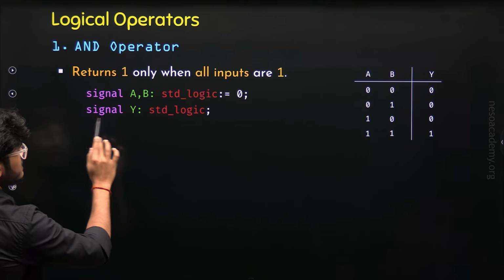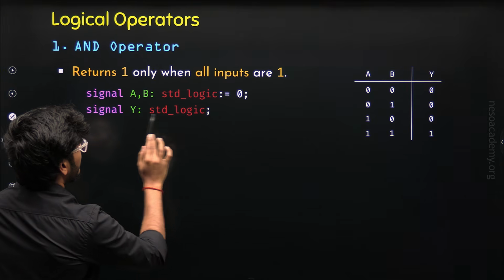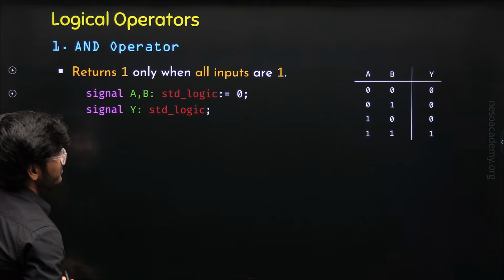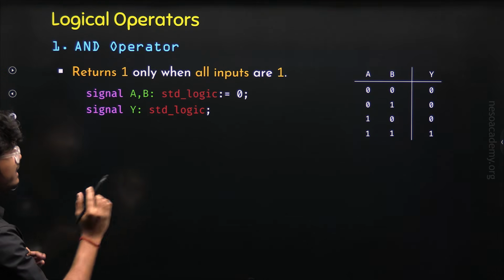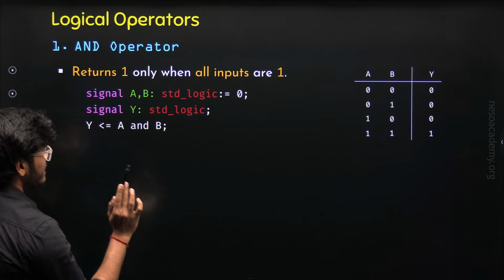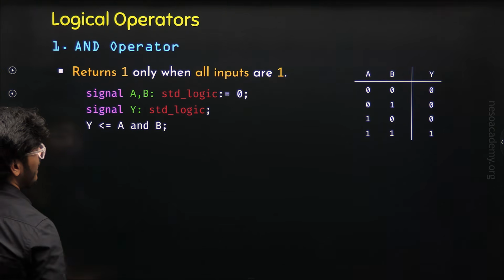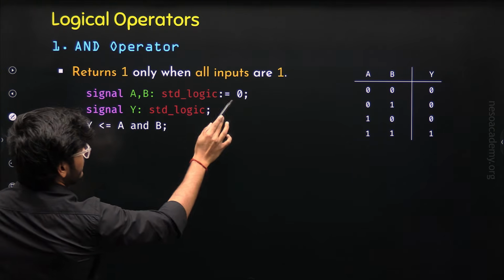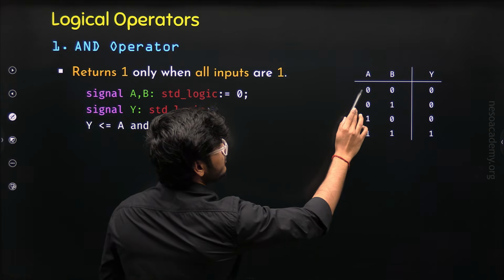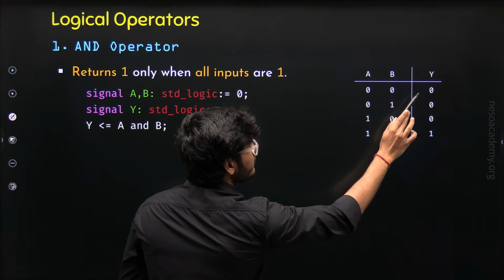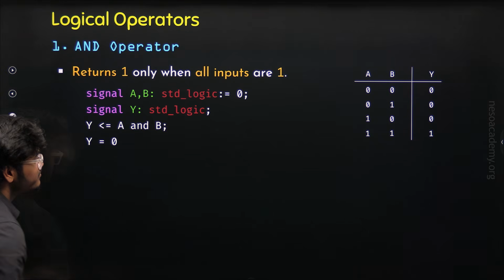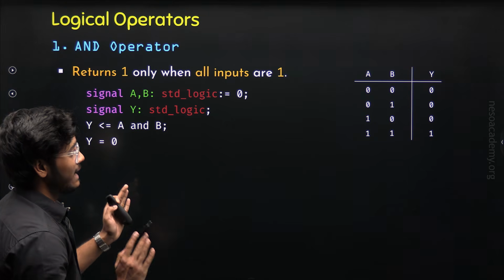Then I am creating another signal Y with standard logic data type, and this Y will store the result of AND operation between A and B. Here I am assigning A and B and storing the result inside signal Y. Here A is 0, B is 0, and as per the truth table, if both inputs are 0, the output will be 0. So the signal Y will have the value 0. I hope you understand single bit AND operation.